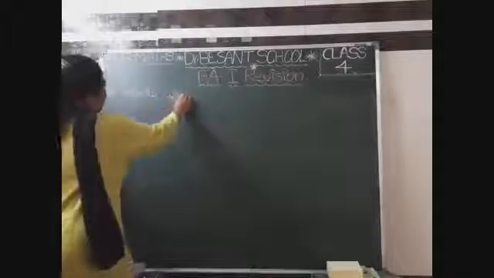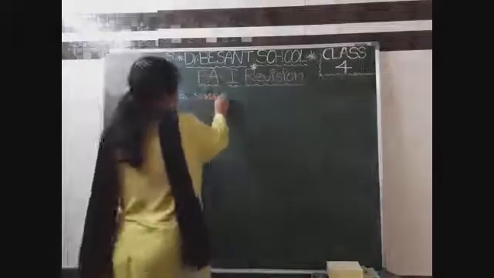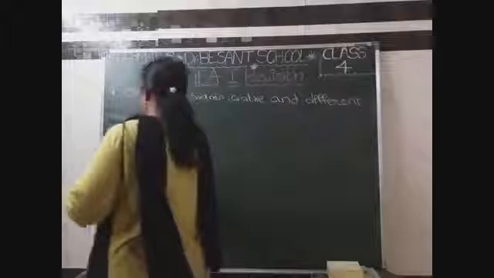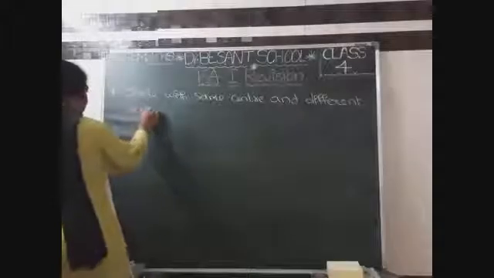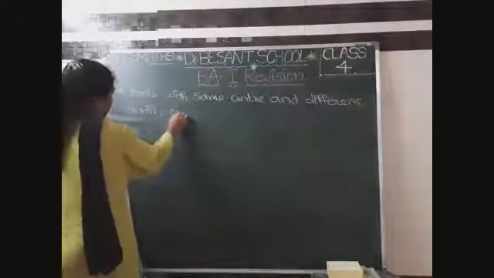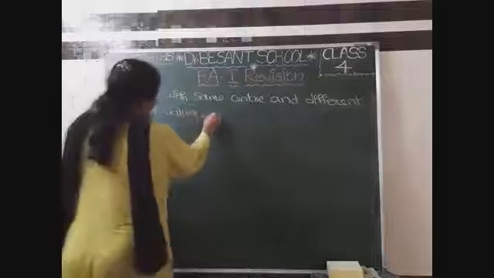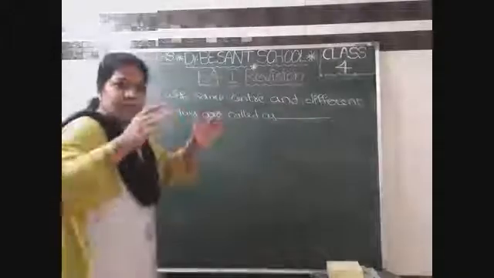Circles with the same center and different radii values are called as dash. Same center, different radii values: concentric circles.